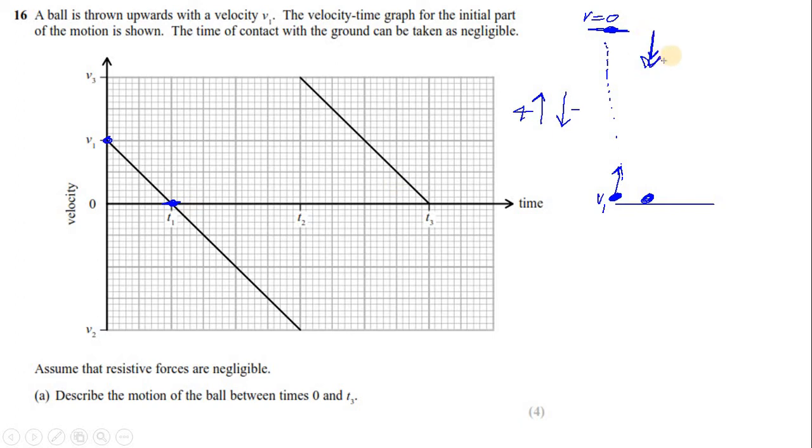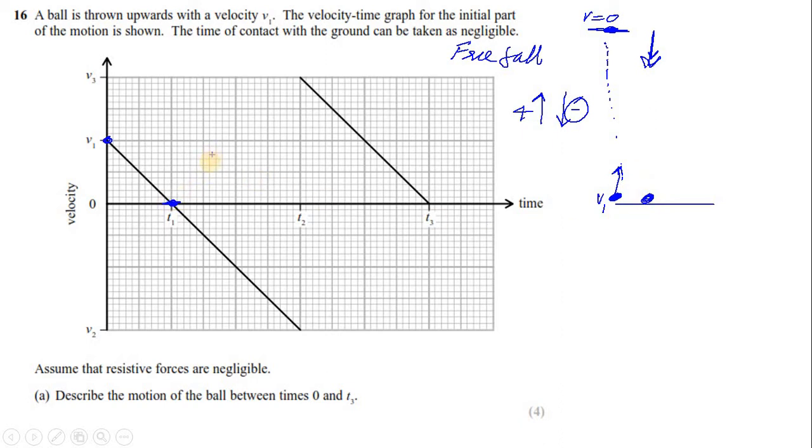So at t1, the ball is at maximum height, and after that the ball starts falling down. That means velocity starts increasing, but it is increasing in the negative direction and with the same rate, because it is free fall motion. There is acceleration due to gravity throughout, whether the ball is going up or falling down. So when the ball is falling down, the velocity is increasing with the same rate but in the opposite direction.